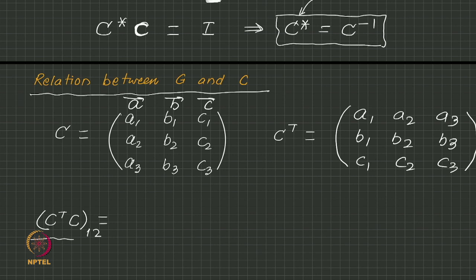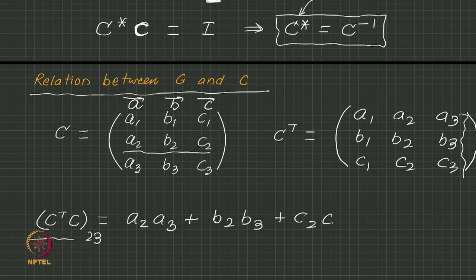And if I multiply again, let us try to do some other term, the 2 3 term. So, we take the second row and multiply it with the third column. So, what do you get? A 2, A 3, B 2, B 3, C 2, C 3.